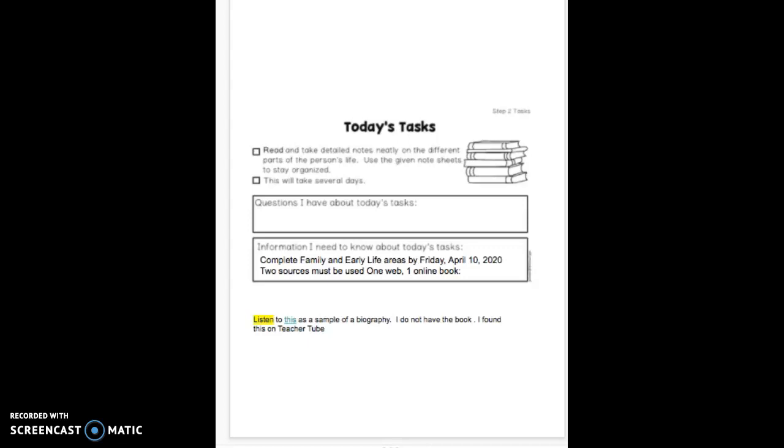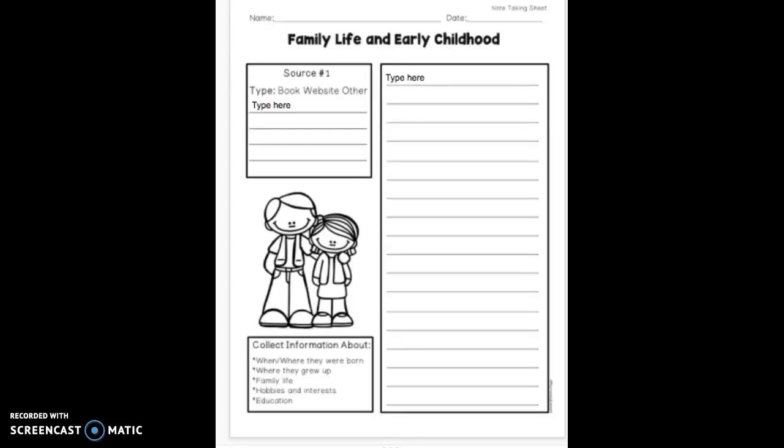So, again, try to get as much done as you can by Friday, and I will accept whatever you turn in on Friday. This form right here is just a worksheet that's going to help you stay organized. And I want to show you right up here, it says Source 1.